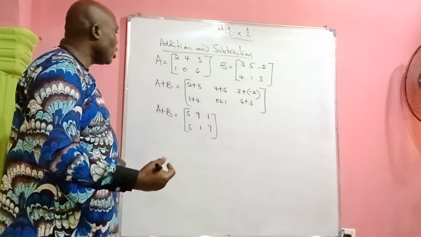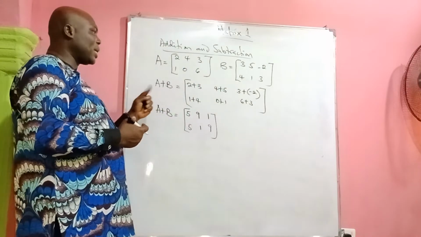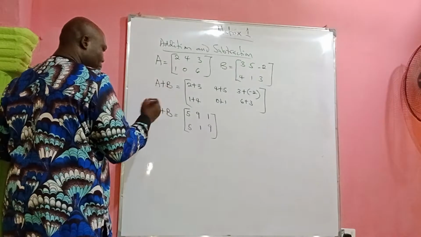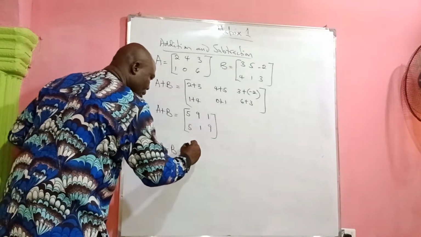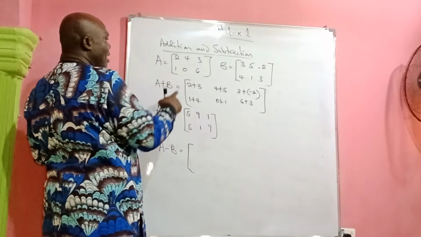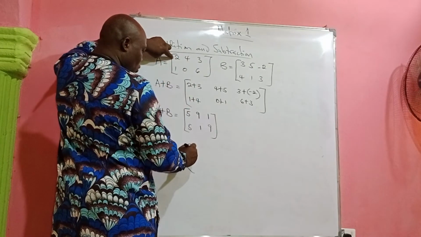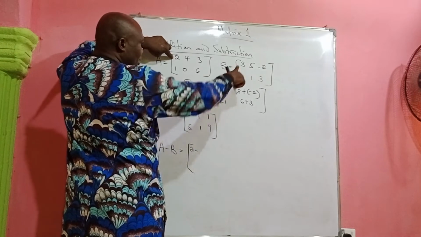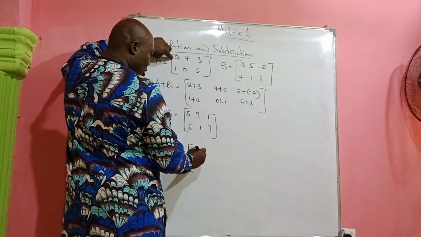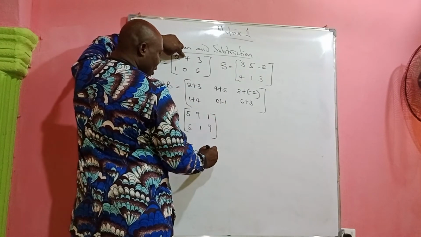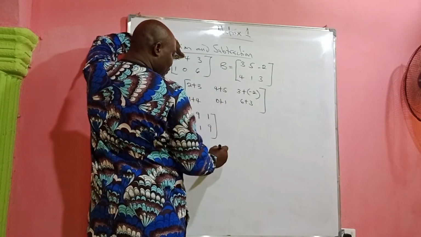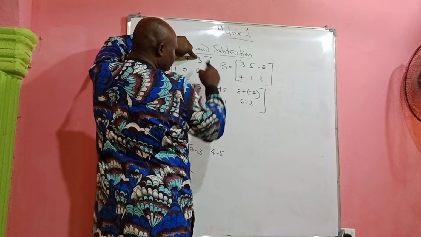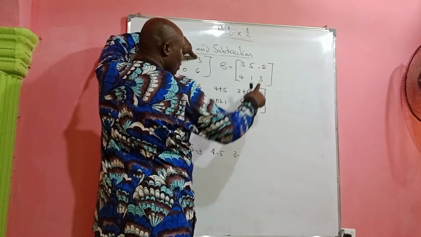The same is done when you are to deal with subtraction. So assuming we are to look for subtraction A minus B. So we have our A, which is 2, minus the element in B, which is 3. We take the corresponding element, the next one 4, minus the element here, which is 5, and the last element 3, minus, what do we have here?